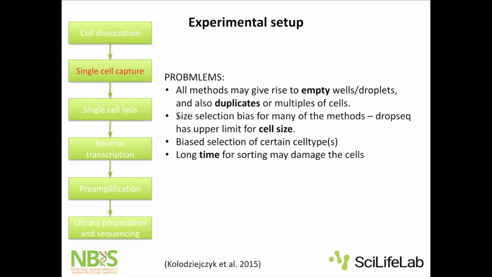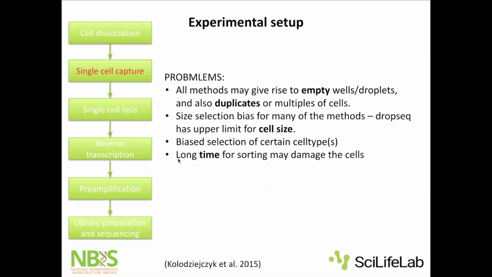It's known that 10x droplet selection has a bias against really large cell types. But PARS claims that they can handle pretty much any cell size and has less of a bias. I don't know if that's true. There might also be some other biases depending on what method you're using.